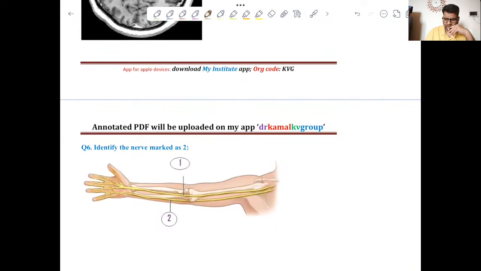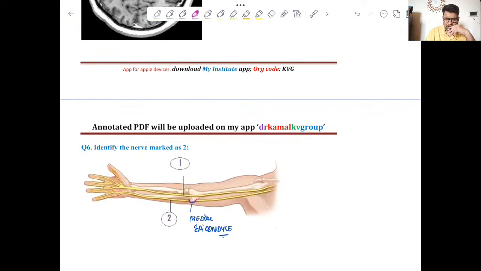Image has been shown and there are two nerves which are running across, and I think it's very easy to identify the nerves. If you see here, this area is the medial epicondyle, right? So this is the medial epicondyle of humerus, and the nerve is passing behind that medial epicondyle.